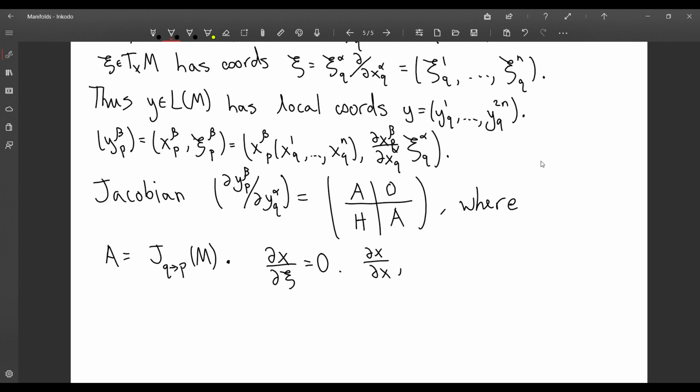In the bottom left, you're going to have something like this.